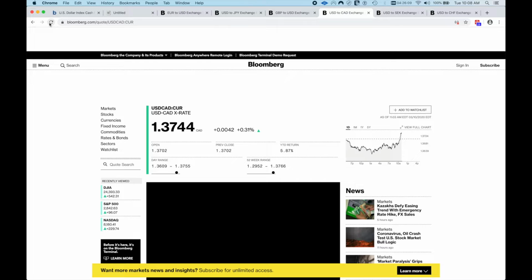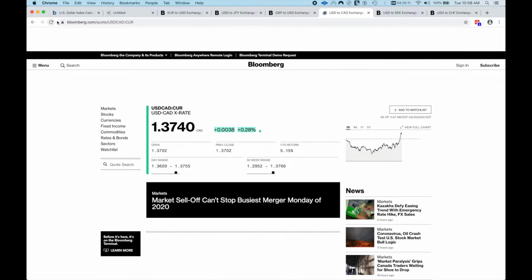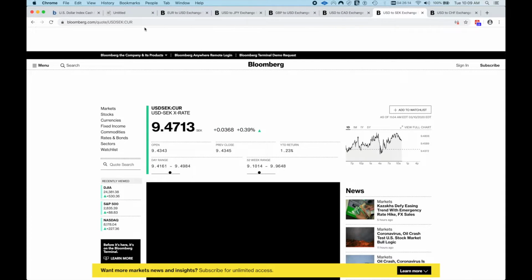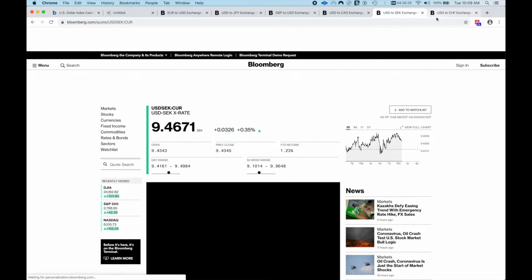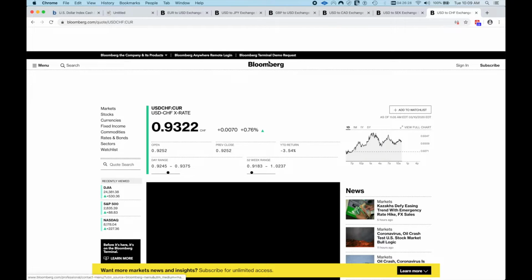The USD Canadian dollar 1.3744 or 1.3740. The USD Swedish krona or SEK 9.4713 or 9.4671. And lastly, the Swiss franc, which is at 0.9322 USD CHF.